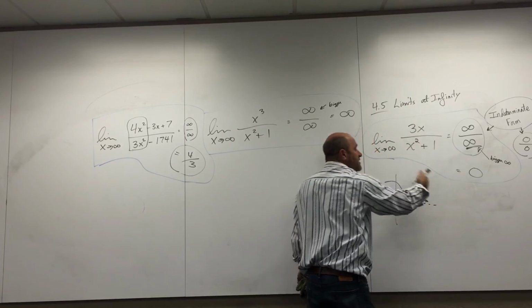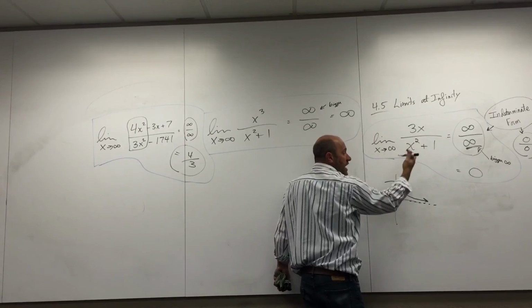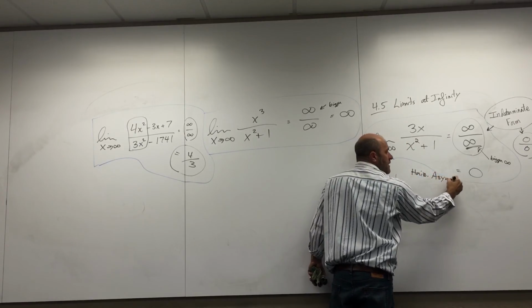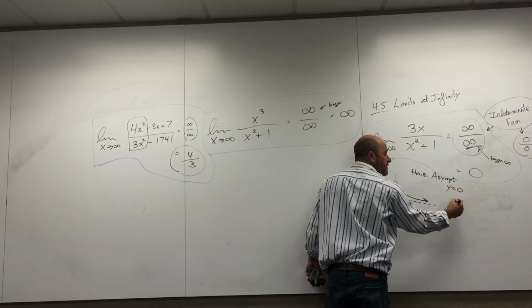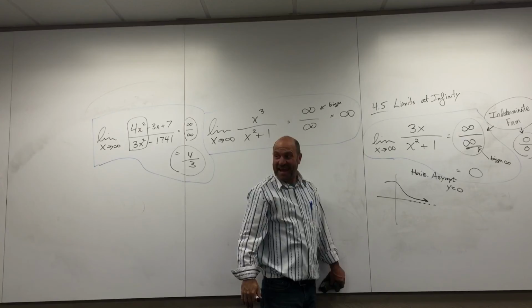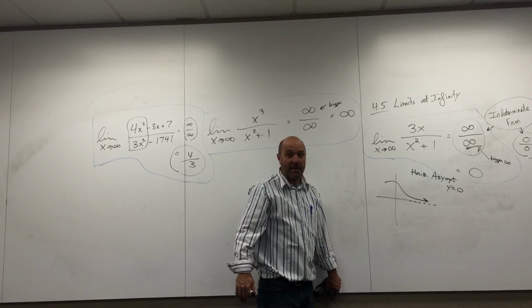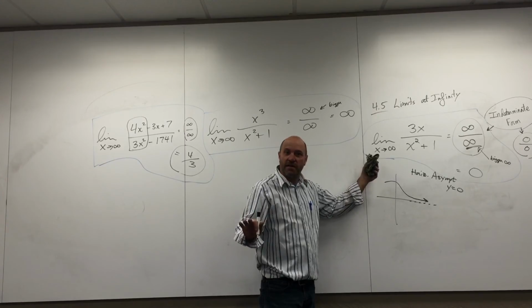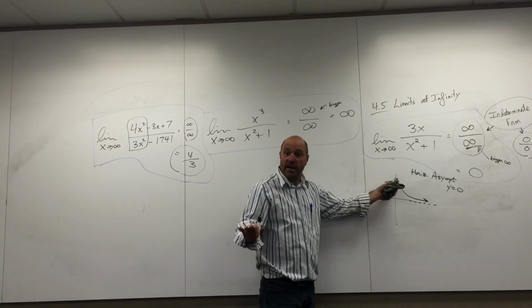That's what this says. This is a calculus way of saying you got a horizontal asymptote at y equals 0. Are you with me? I'm trying to make that connection. That's the connection I want to make. That these limits, they're fun little limits, but they're really trying to get me to think about horizontal asymptotes.